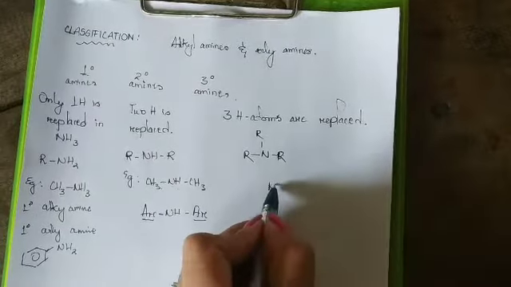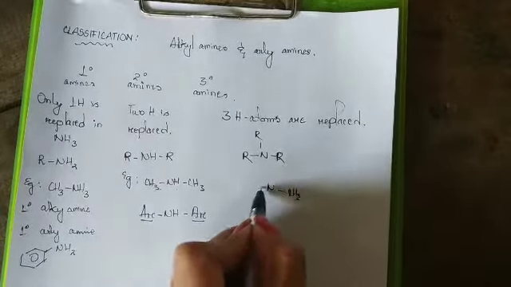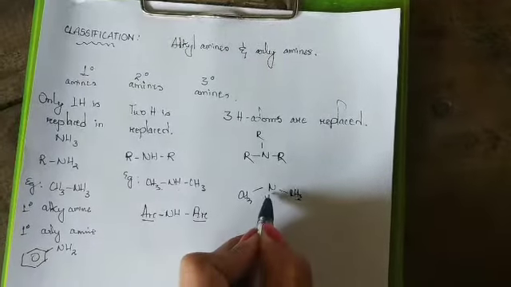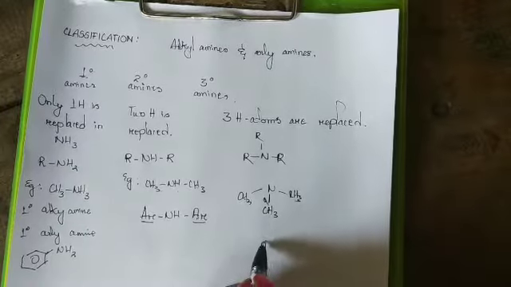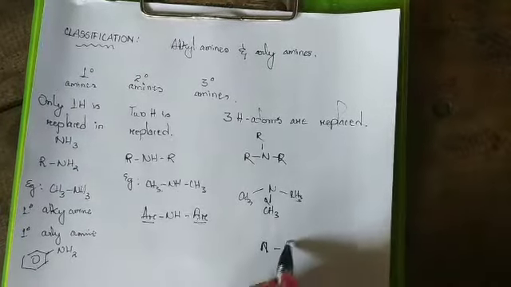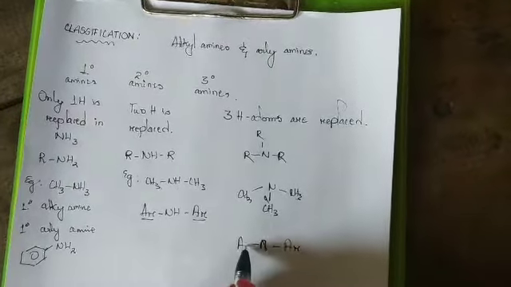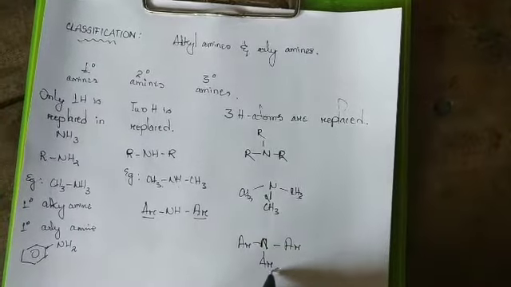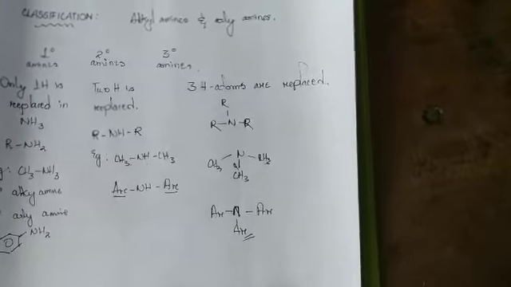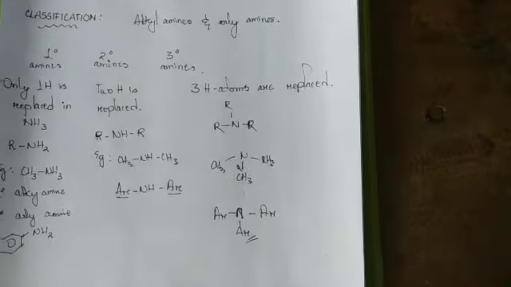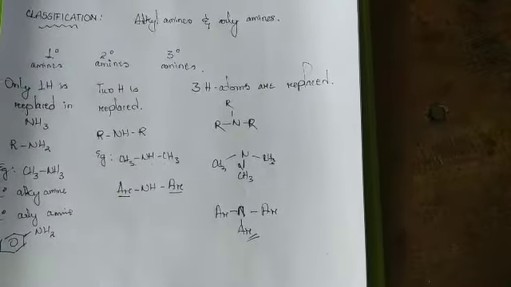For example, we have nitrogen, CH3, CH3, CH3, or aryl, tertiary aryl amines. So this is the classification for alkyl amines and aryl amines.